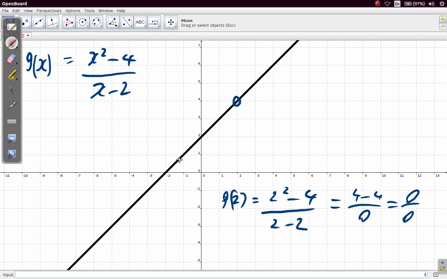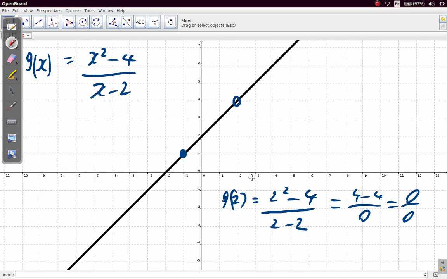Right? This point here was continuous, and you could use a shaded circle to show that this point exists, but an open circle here to show that this point does not exist. Right?